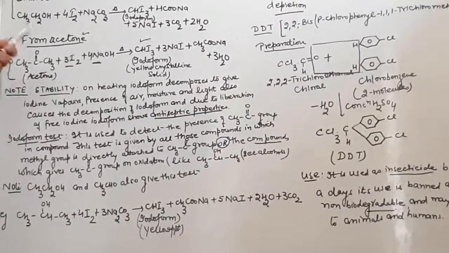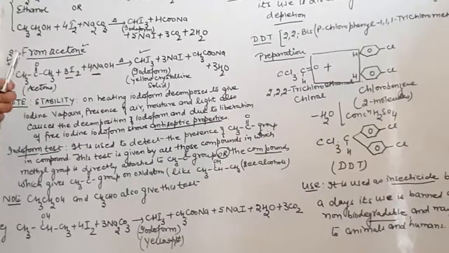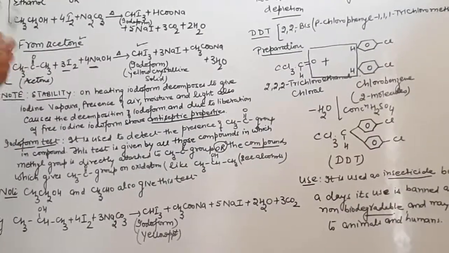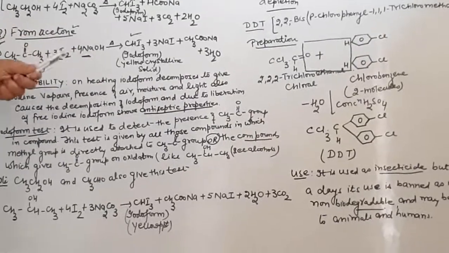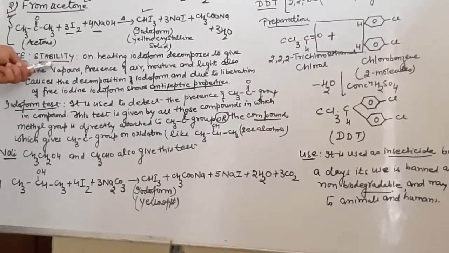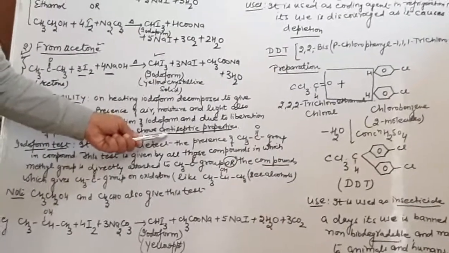First is stability. There is one question: explain why iodoform has antiseptic properties. In case of wounds, the tincture of iodine is used. The question is why it is being used as an antiseptic.